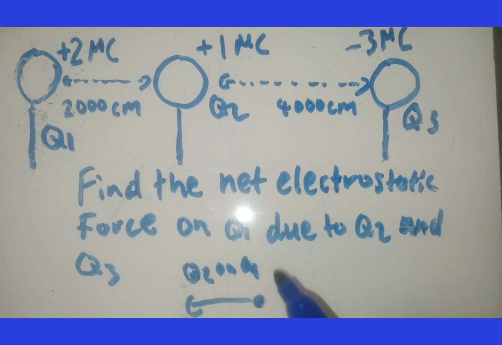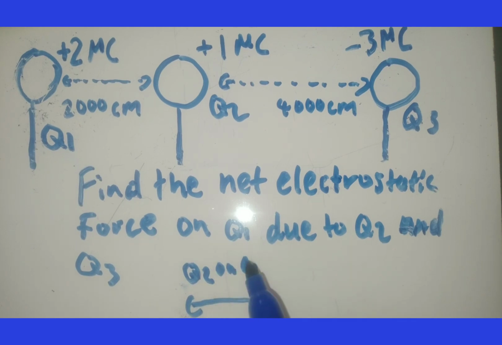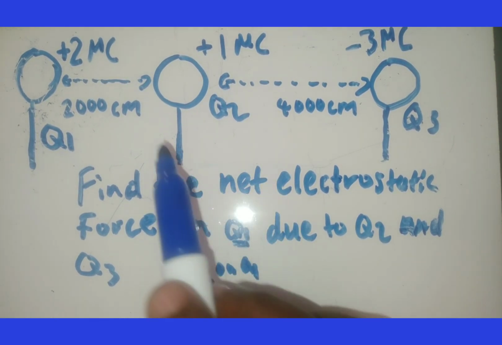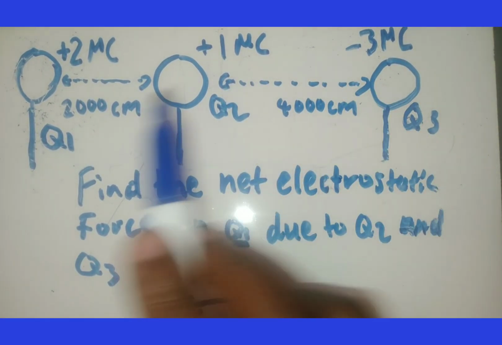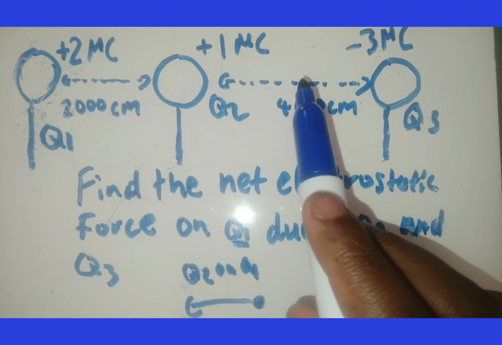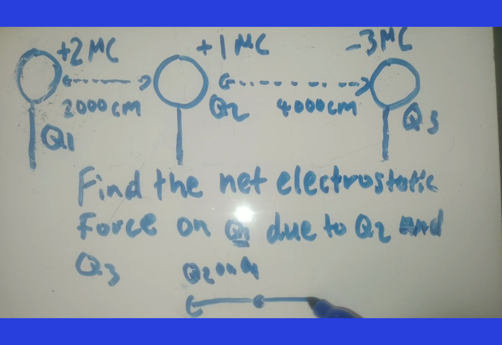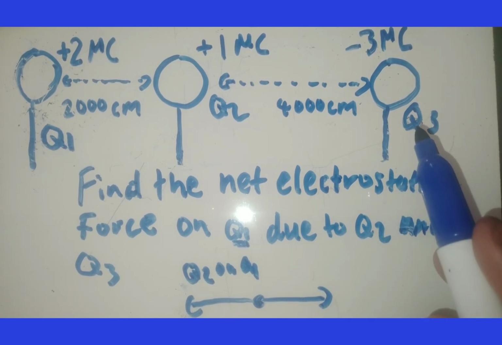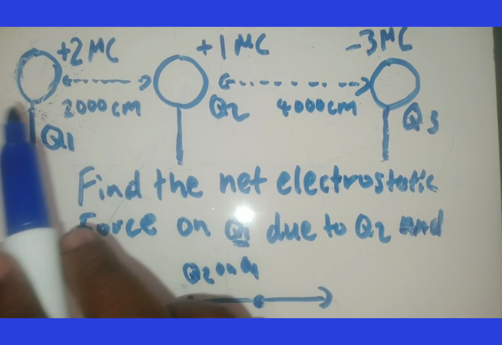And then what is Q3 doing to Q1? Remember they said the force on Q1 due to Q2 and Q3. So what is Q1 experiencing that is caused by Q2 and Q3? Q1 is experiencing a push away because of Q2, and Q3 and Q1 are unlike charges, so they attract. So Q3 will be pulling Q1 towards it. Q3 is pulling Q1 towards it, and Q1 is also pulling Q3 towards it.